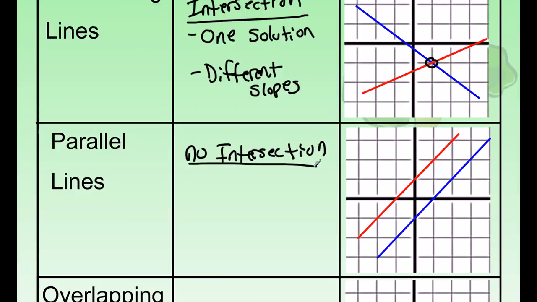And because there's no intersection, there is no solution. There is no point that works in both equations. And the defining feature of these parallel lines is that they have the same slope, but they have a different y-intercept.